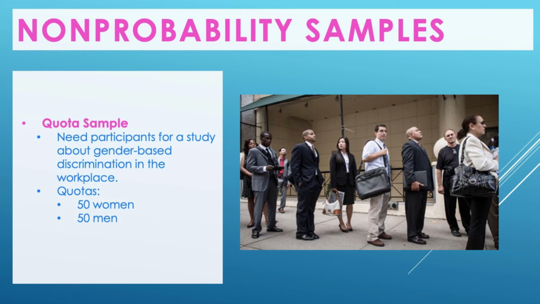So again, we could think of a whole lot of reasons why some people might get there really early, right? Maybe we're thinking about single women or younger women, they don't have children. Maybe it was super easy for them to just drop everything that they were doing, come to the rec center, get in line early, and be a part of the study. Whereas married women, older women, women with children might have had a really hard time getting everything situated before they could come stand in line and potentially participate in this survey.